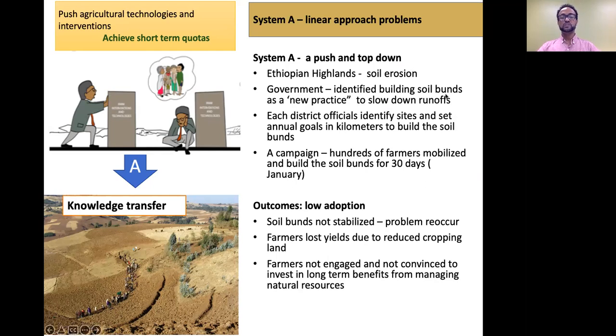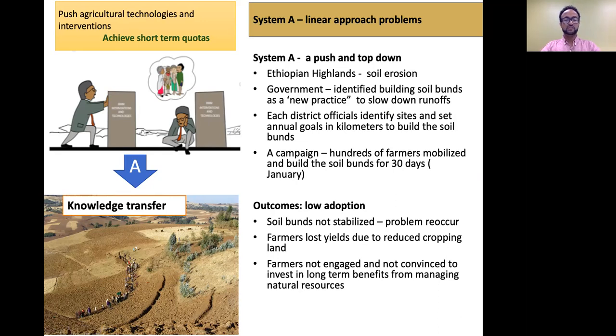The way they do this is a campaign every year, for 13 days, where they mobilize hundreds of farmers to construct these soil bunds. Currently in Ethiopia, it's January now, and all the districts are engaging all the farmers, mobilizing them to build the soil bunds. What is the outcome of this approach?